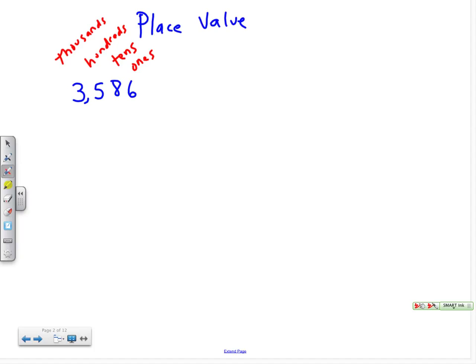So we know whole numbers. We talked about those being the whole number side of a number. So if I were to write that in expanded form, that just means you're taking the number and you're breaking it up into the value of each digit. So expanded form means there's a 3 in the thousands place, so the first digit is worth 3,000.